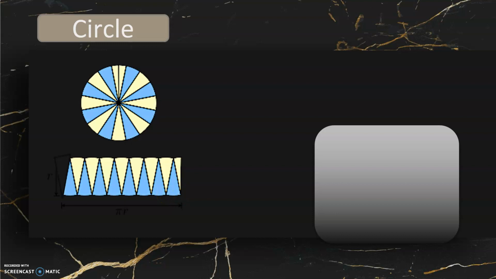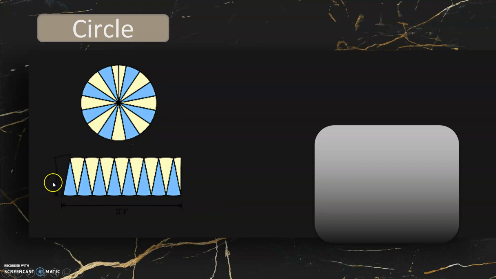But if you cut it into thinner triangular figures and combine them this way, it will actually look like a rectangle. In a rectangle, multiplying the length and the width gives us its area. Same thing goes for this one. If we multiply this side by this side, we'll be able to get the area of this circle.